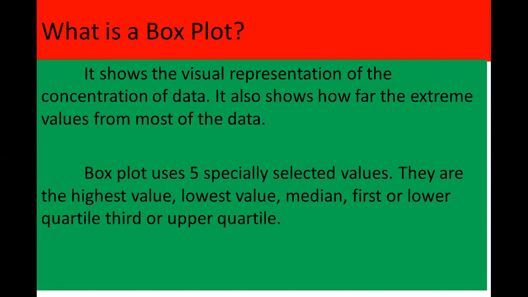There we will get the lowest value, the median, the first or lower quartile, the third or upper quartile, and the highest value. These 5 items or values will be the ones interpreted in our box plots.